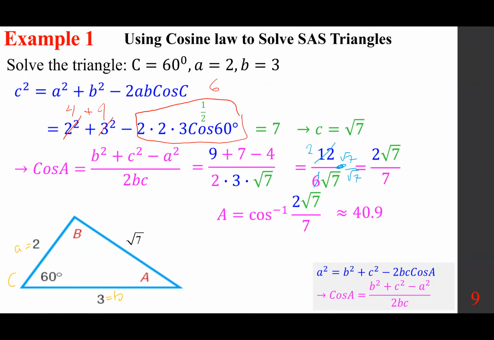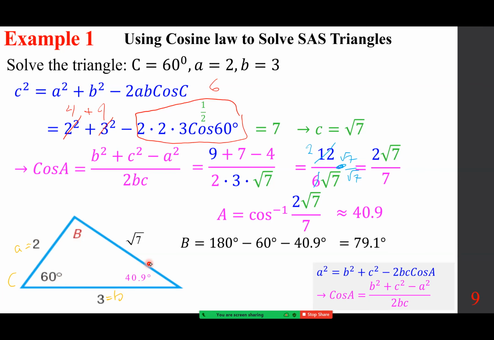At each step, you really have to use a calculator if you have to come up with the answer. So we have A, 40.9. The last one is B. Add these two, subtract from 180. So B is 79.1 degrees. Again, we wanted just to use the cosine law.